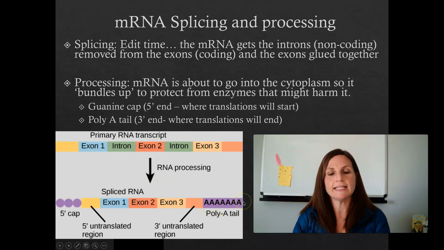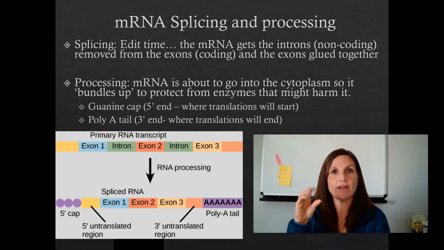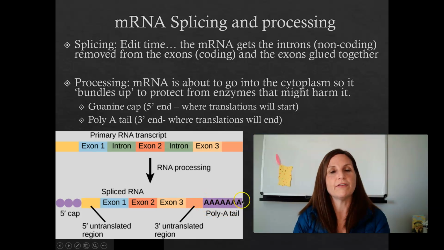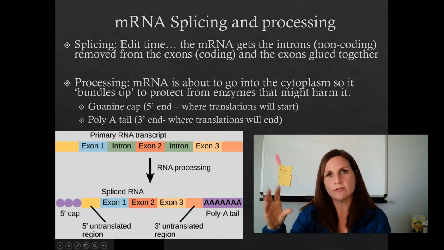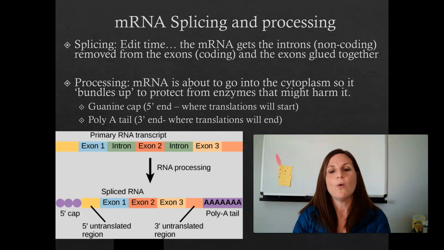And so the poly-A tail is where the digestive enzymes would be chomping down the gene. But we don't want them to chomp it down before we get it translated. So we put this kind of buffer of these poly-A's on the tail so that as those digestive enzymes come through, what they're chomping on is something that's not necessary for the gene product.